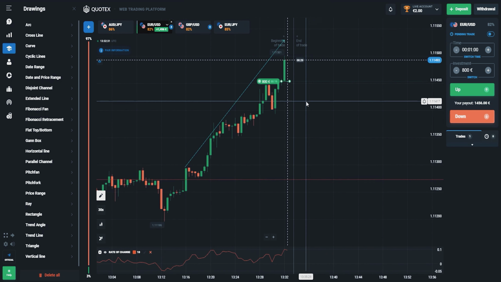And okay, we go next. What we can see here is that the chart has been going down for a really long time, and now it's time to enter into a deal, and I'm betting for up since the chart just reached the last support line.